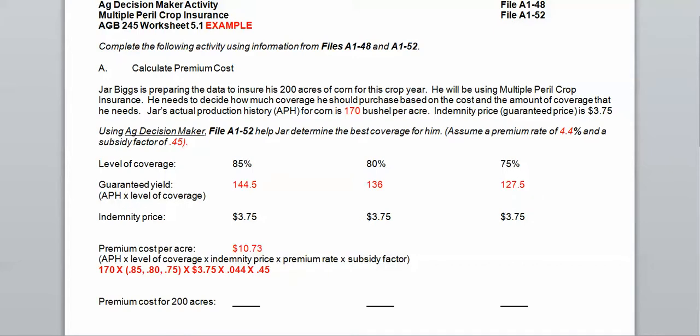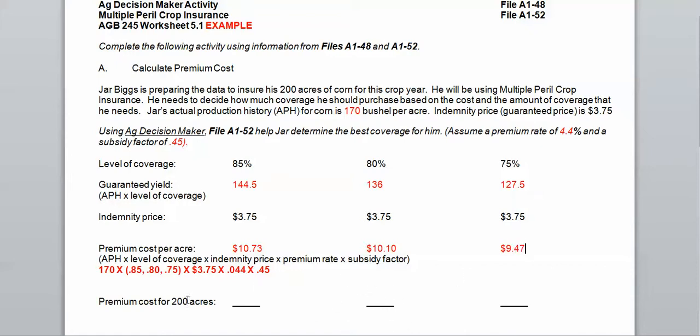For 80% coverage, it's the same math except we use 80% instead of 85. 170 times 0.80 times $3.75 times 0.044 times 0.45 is $10.10. And for 75%, it's the same math, except we use 75%. And our answer is $9.47.